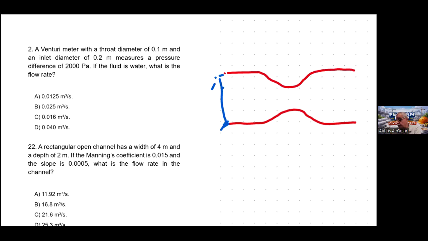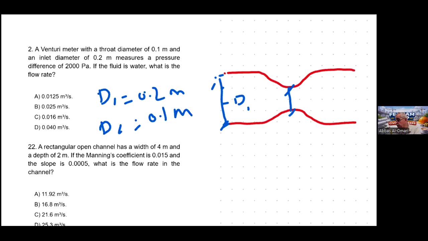So D1 equals 0.2 meter. And this is the throat. So D throat, D2, equals 0.1 meter. This is D2.